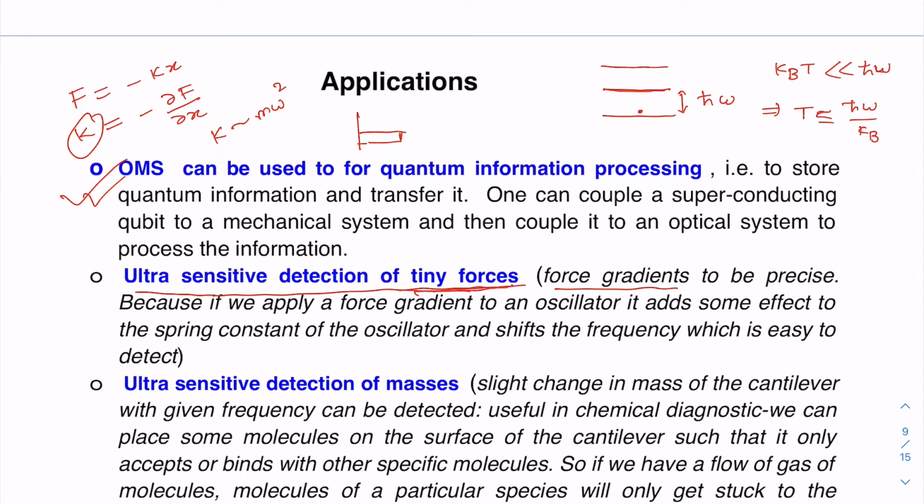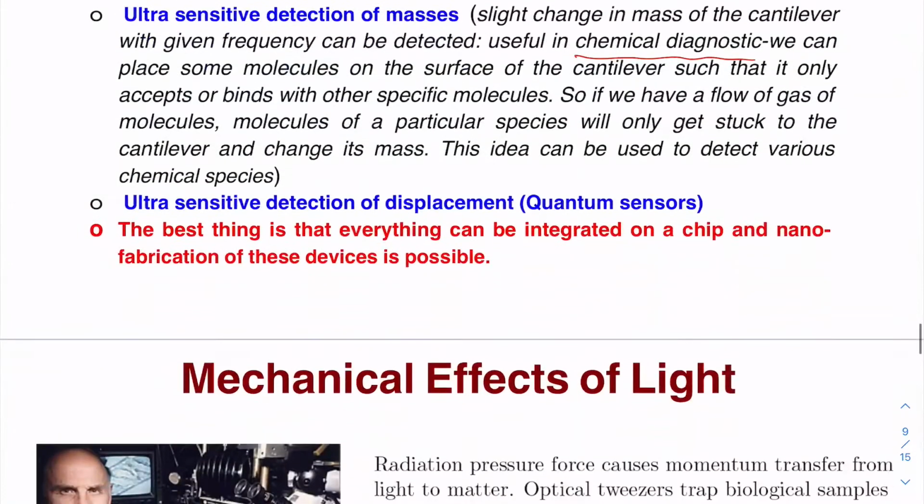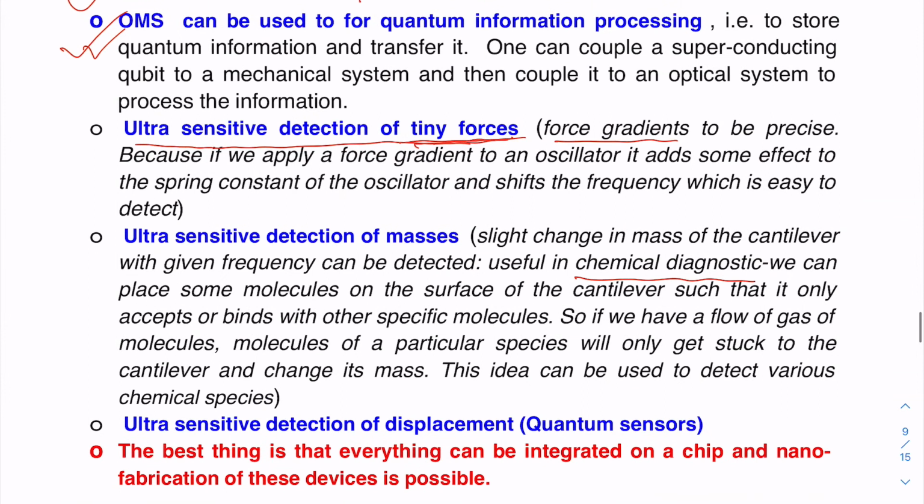For that you need not cool the mechanical oscillator to the ground state. This kind of application is already in place in chemical diagnostics. And ultra sensitive detection of displacement is another very important application.